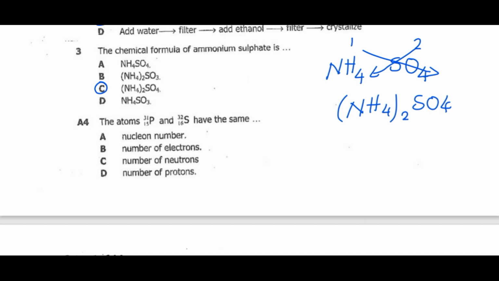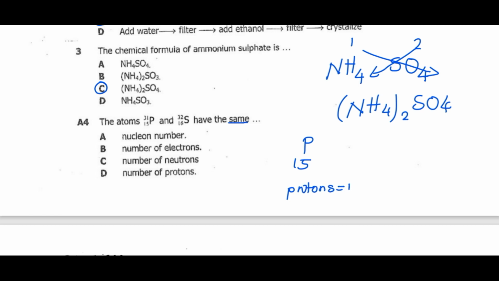Then the atoms P, with the mass number 31 and atomic number 15, and S, with the atomic number 16 and the mass number of 32, have the same what? So the key is, they have the same. Let's look at P. From P, we can see that here we have 15, so this means that there are 15 protons.